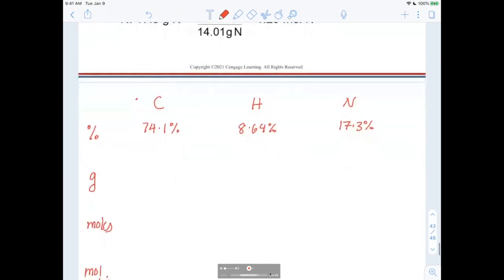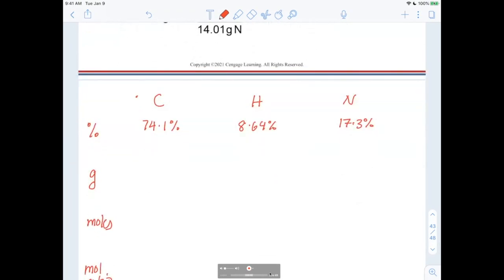That's fine. So if the percentages add up to about 100, then to get grams, just take percent and convert it to grams by replacing it. In other words, write it as 74.1 grams, 8.64 grams, 17.3 grams. Okay.